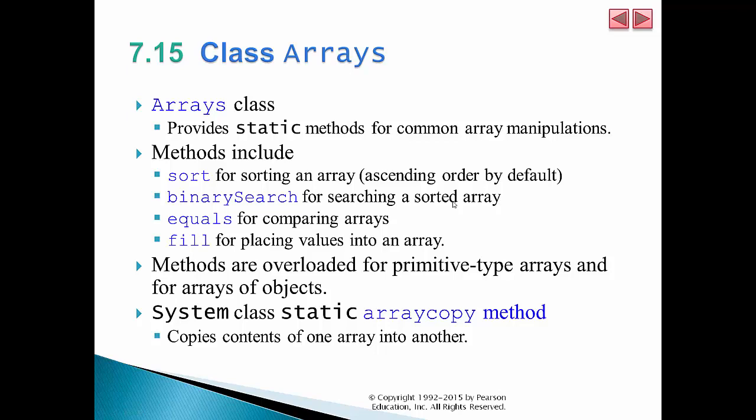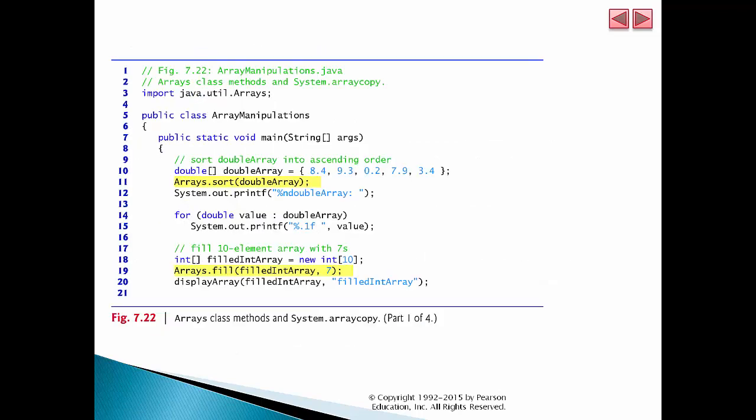So you can pass arrays to these static methods, and they will change the array in place. For example, sort is not returning anything. It makes changes inside the array.